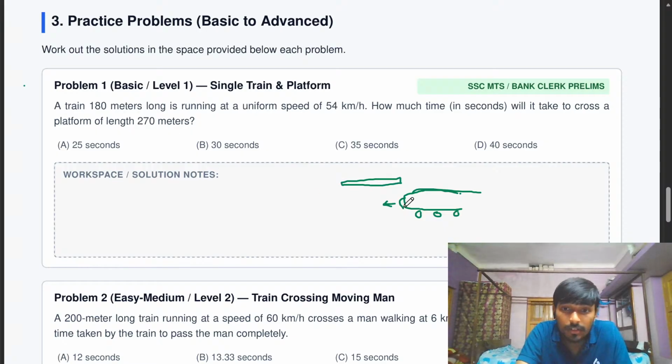So the length of the train is 180 meters. Okay, this is 180 meters, and the length of the platform is 270 meters.